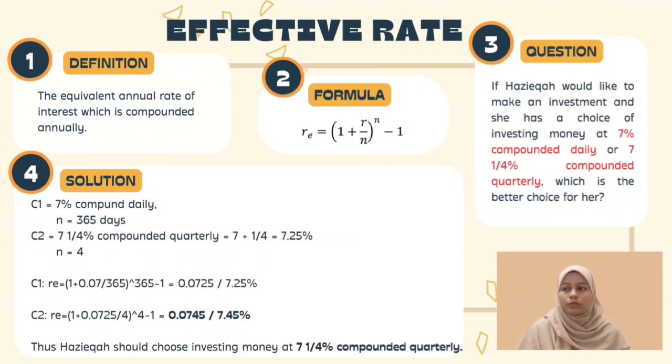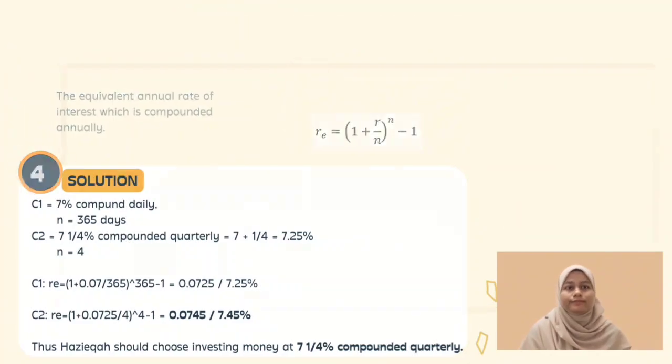And for choice number 2, with the formula given, we will get 0.0745 or 7.45%. So Hazika should choose investing money at 7 1/4% compounded quarterly, which is choice number 2. This is because the higher the effective rate, the more money Hazika can earn in the future.